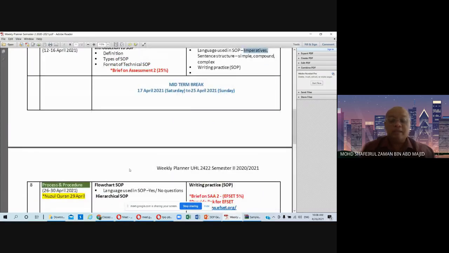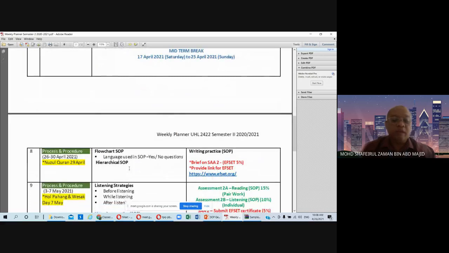But what we are going to look at in the second meeting is more on the writing practices. The activities you can get in Kalam. Hopefully after this you can log into Kalam, and then you can get the exercises or the writing practice there.